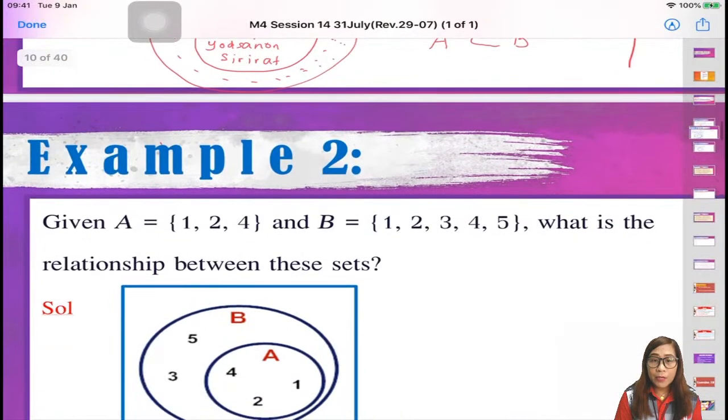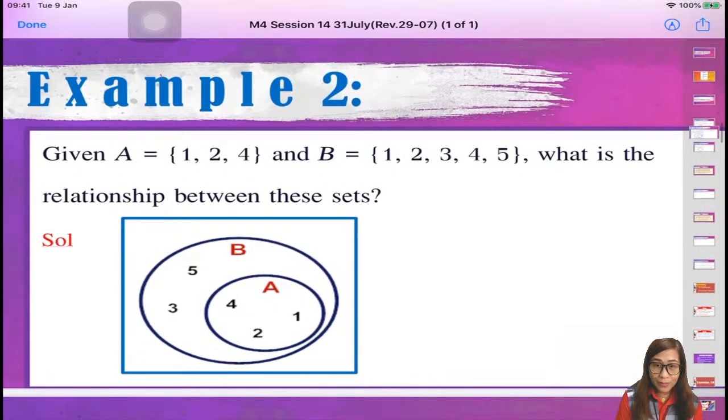Okay, the next one is example number 2. Given A is the set of 1, 2, 4, and B is the set of 1, 2, 3, 4, and 5. What is the relationship between these two sets? If we use the circles, we have A here, the set of 1, 2, 4, and B is the set of 1, 2, 3, 4, 5.